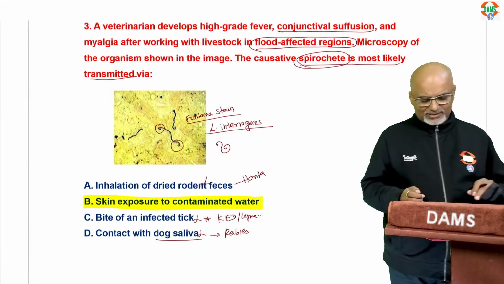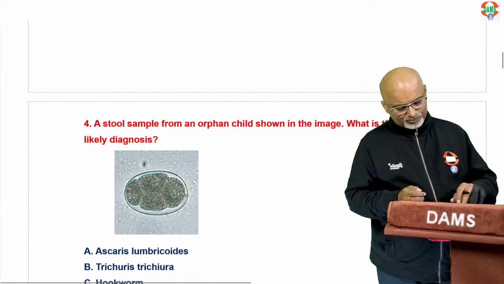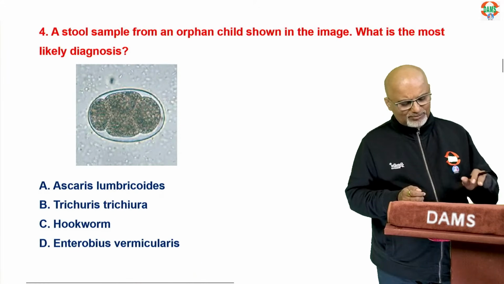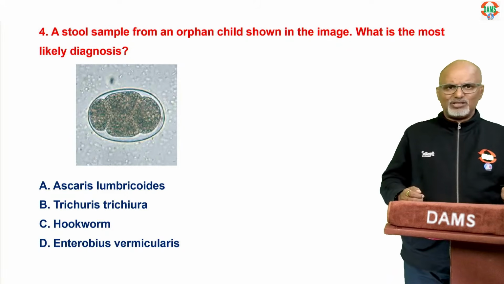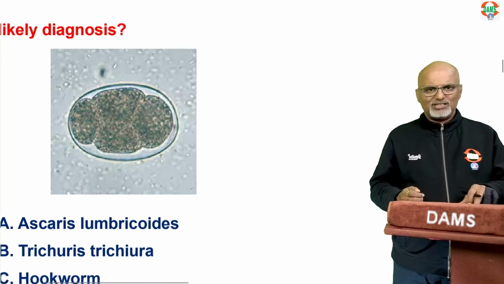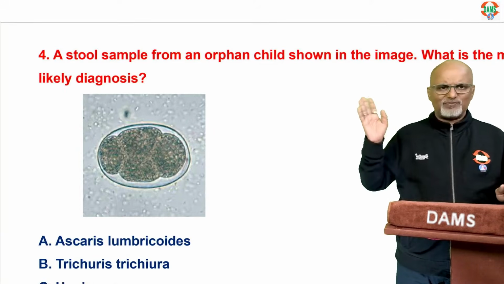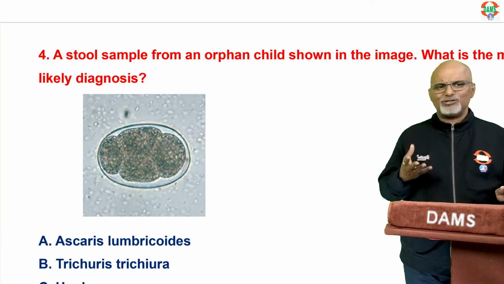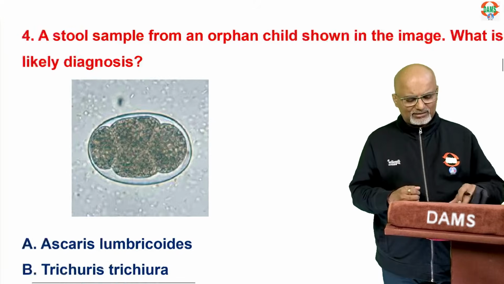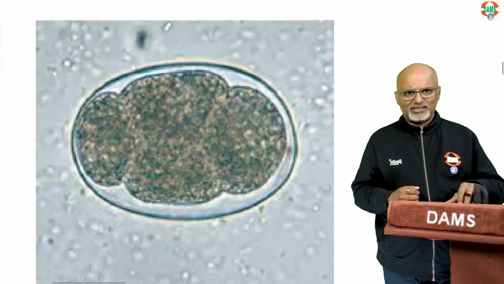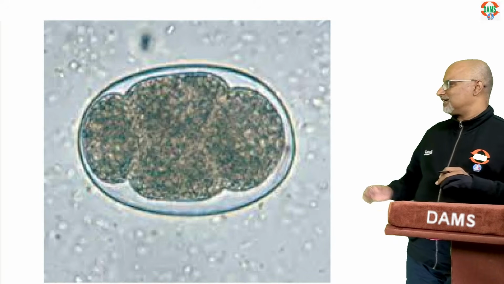Right. Next is a stool sample from an orphan child shown in the image. What is the most likely diagnosis? Here, nothing, only orphan child. That means malnourished, poor hygiene possibilities, and the only clue is the egg. See the egg? How to describe?